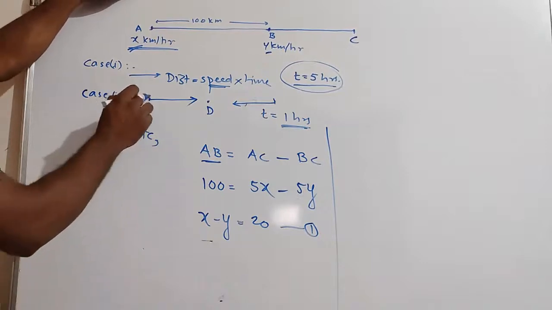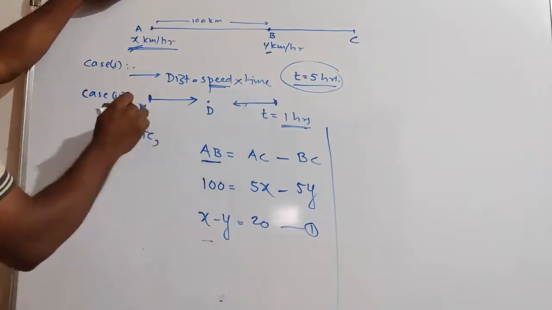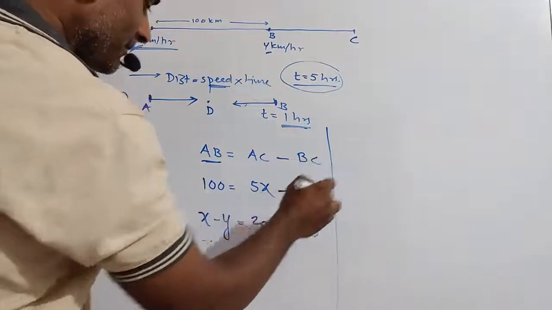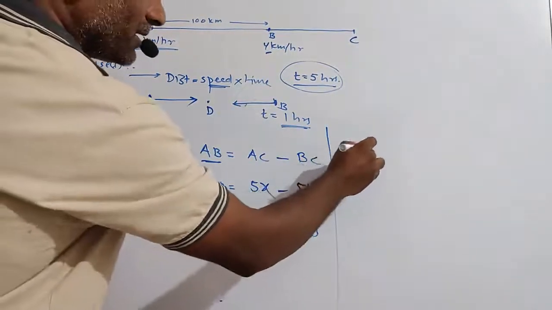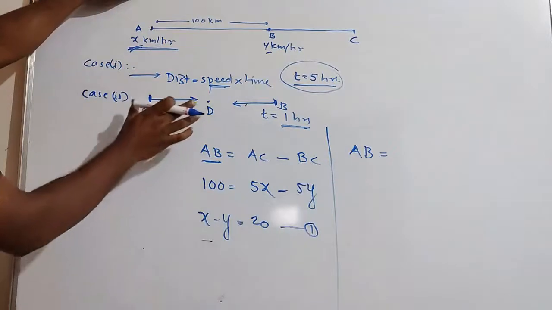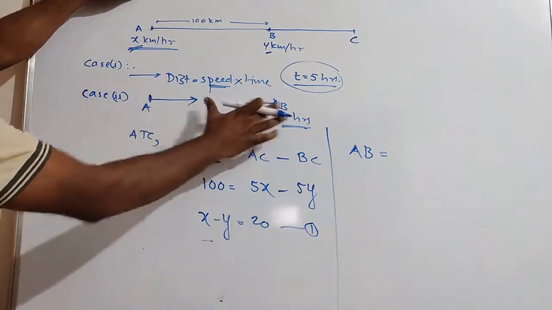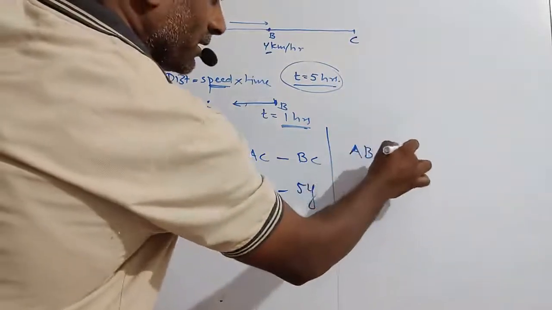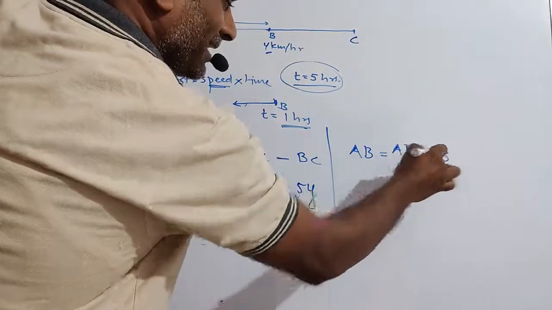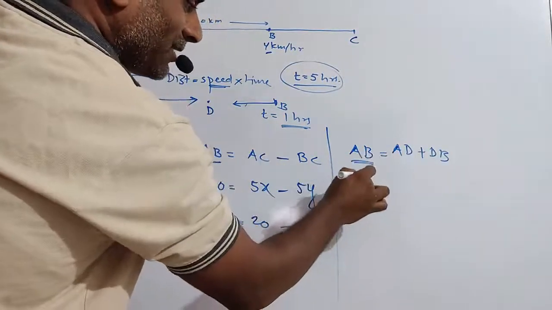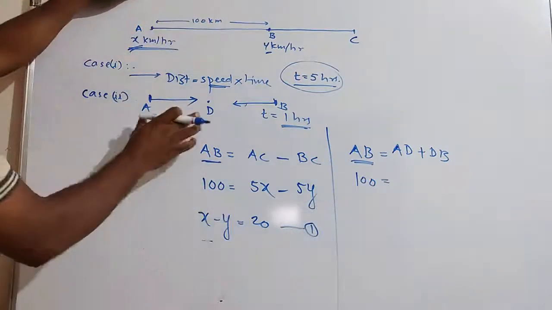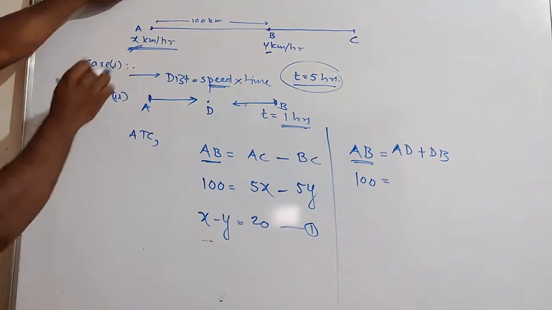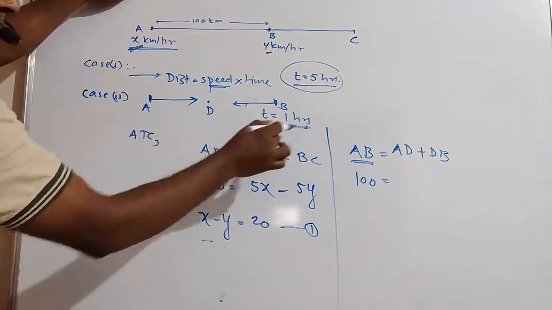So here again, this is point A, this is point B. So total distance AB will be equal to AD plus DB. Again, AB is equal to 100, equal to AD, the distance covered by car A with the speed x and time 1 hour.